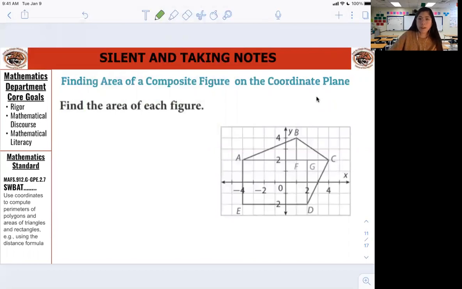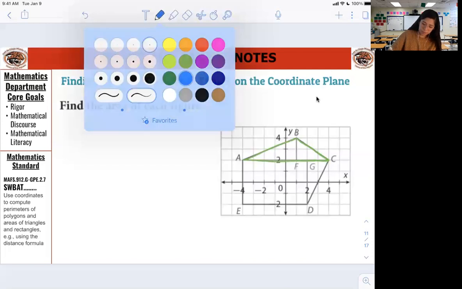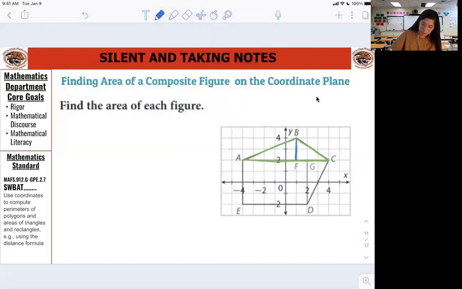Triangles and a rectangle. Good. So I have this triangle over here. Now BF, what is that of this triangle? Good, Jalen. That's my height.